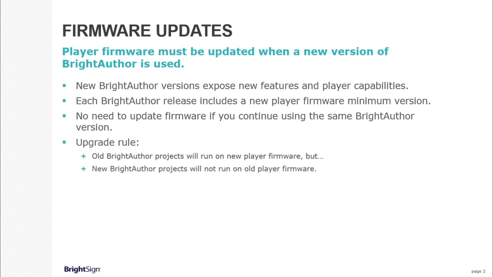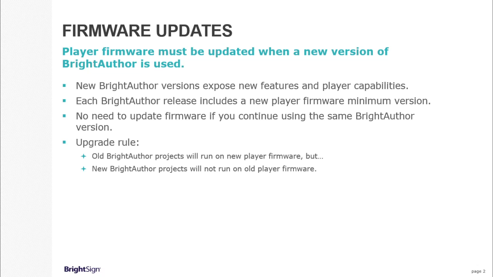If I build a new project in a new version of BrightAuthor, that project will not run on a player that's got old firmware. Now, we will put up warning messages inside BrightAuthor, but ultimately if you accidentally publish a project that requires newer firmware than your player has resident, the player will just simply display an error message on the screen indicating that the player firmware needs to be updated.